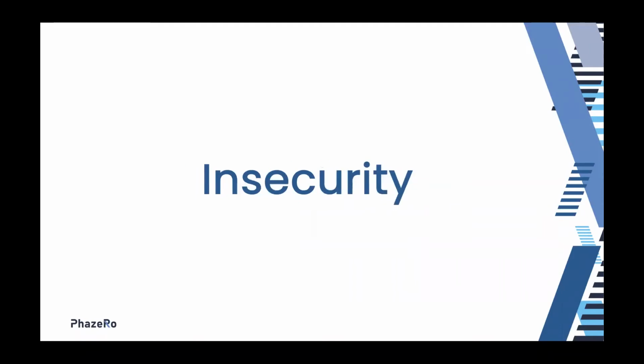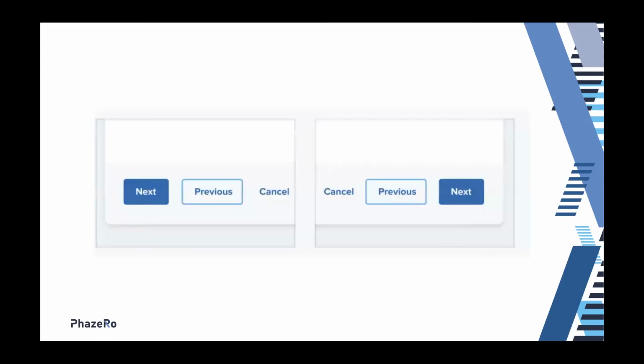Insecurity. This is mainly about UX designers, where it takes time to decide whether this is the right thing to do, or there is another way to do it. For example, the placement of these buttons: either to have the previous button first, or to have the next button first.